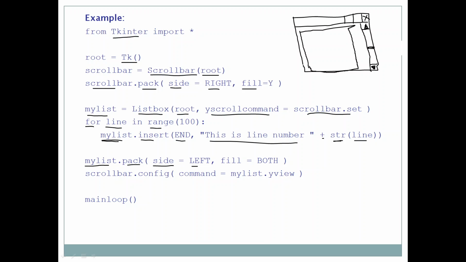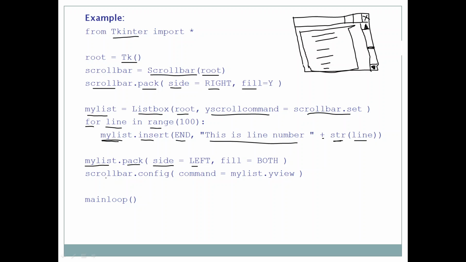This list contains, as you know, this is line number 1, this is line number 2, 3, 4, like this. It contains totally 100 items from 0 to 99, and all the 100 items you cannot see at once, and that is the reason we have added a scroll bar. So when I scroll the scroll bar, the contents of the list box should also be scrolled.